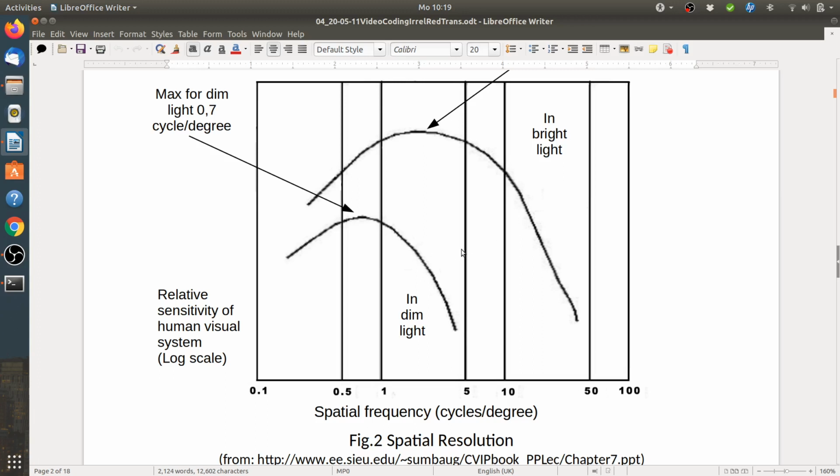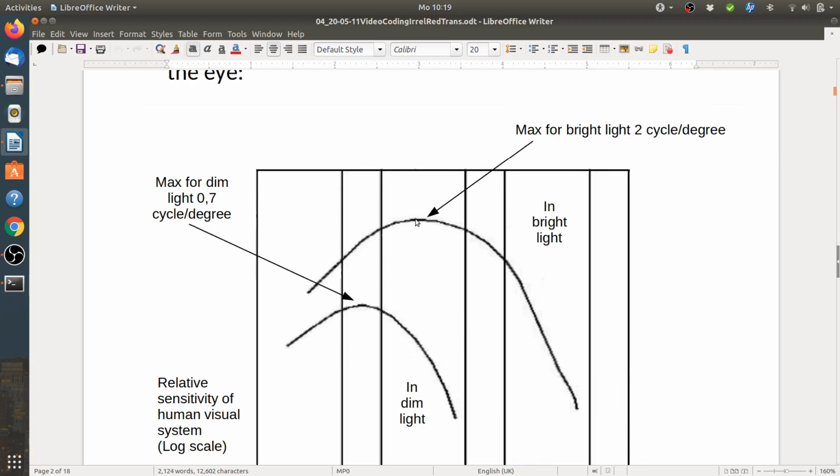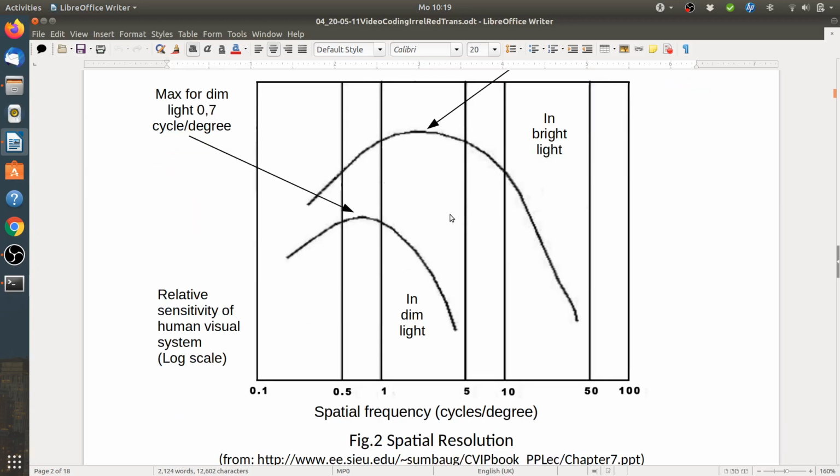Both behave like a low pass filter, but it's not exactly a linear filter because we have slightly different shapes. For dim light, we have a maximum at 0.7 cycles per degree, and for bright light, a maximum at about 2 cycles per degree. This difference would not be there if you had a linear system. So we can tell from this diagram that the eye is a nonlinear system, but that's kind of expected.